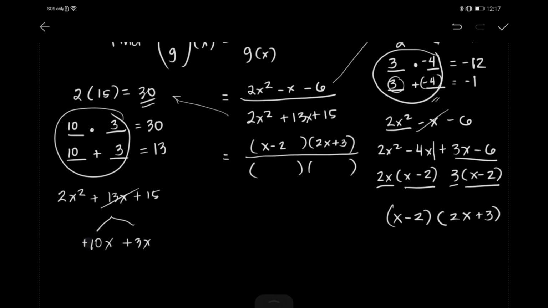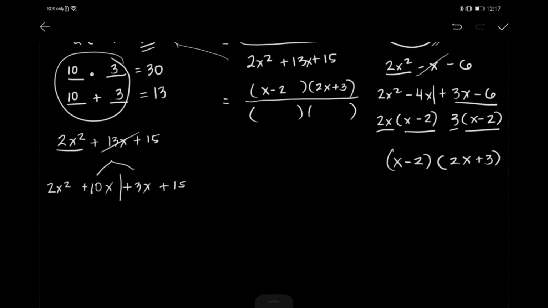So this is positive 10. Bring down the 2x squared and the positive 15. Group factorization. The GCF of these two is 2x by x plus 5. The GCF of these two is 3 by x plus 5.